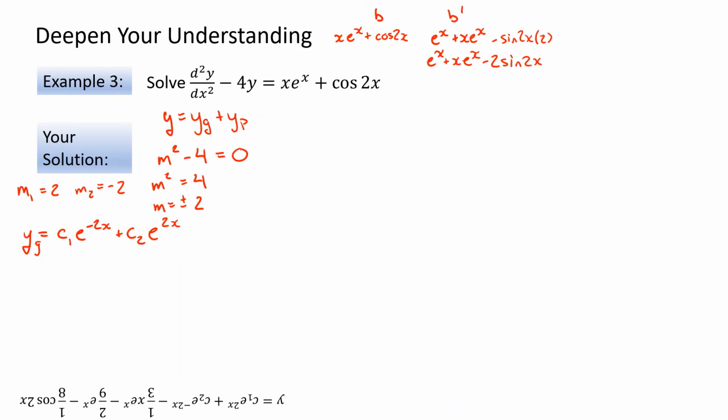Our second derivative, okay, following the same example, derivative of e to the x is e to the x. The derivative of x times e to the x, we've already solved it. Remember, it's this piece in blue brackets. So we have plus e to the x plus x times e to the x. And the derivative of sine x is cosine of x.